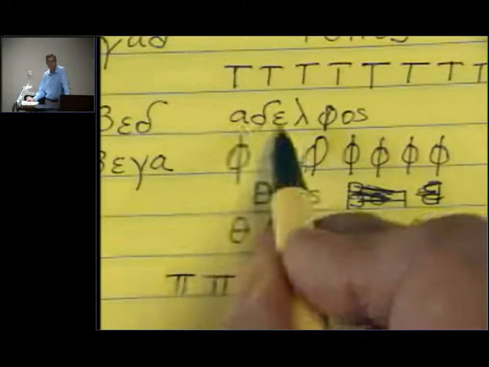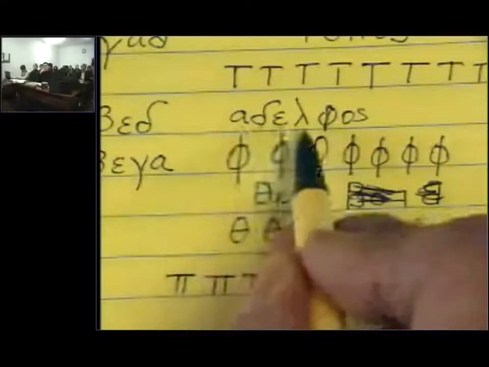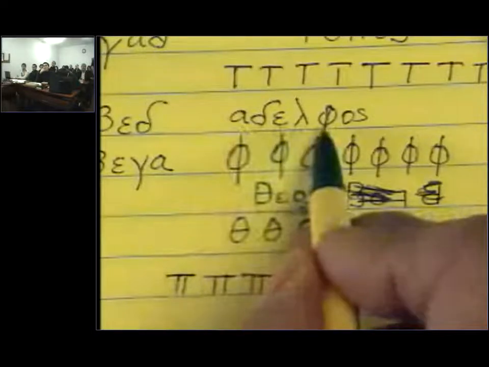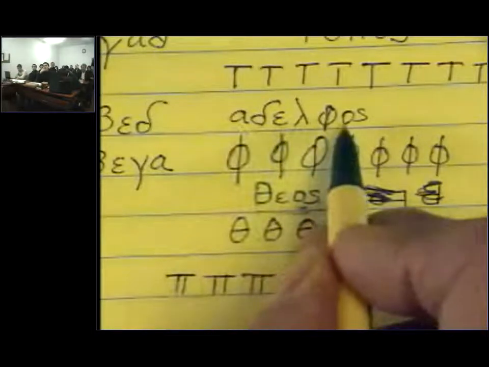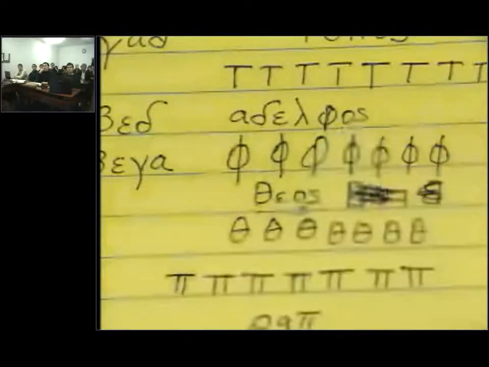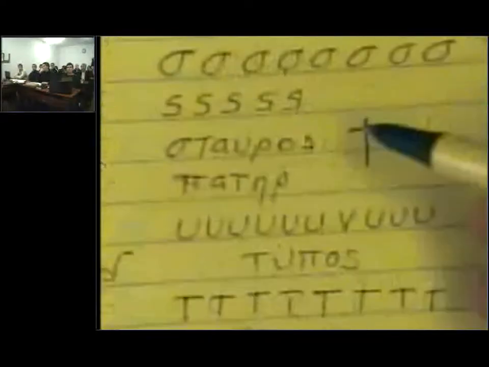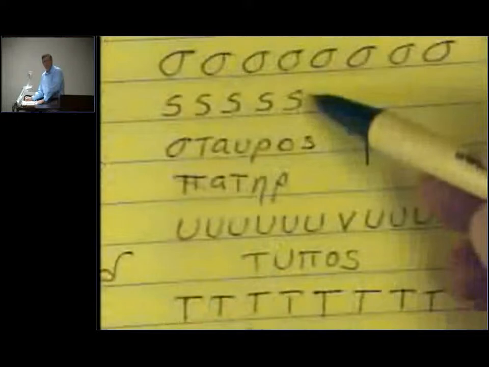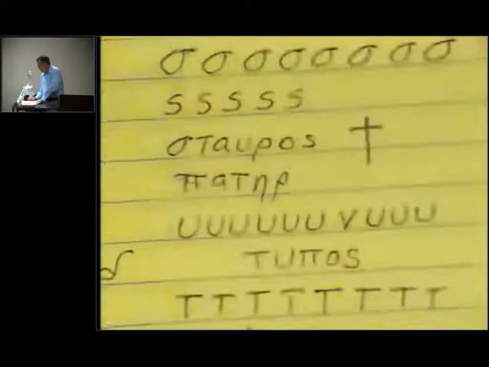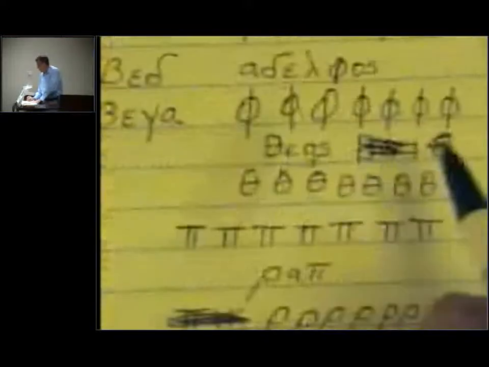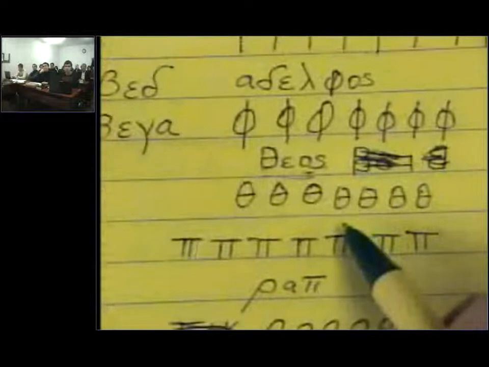Okay, so this is alpha, delta, epsilon, lambda, phi, omicron, and sigma. But notice that it's the sigma at the end of the word, not the sigma that goes at the beginning or in the middle of the word.